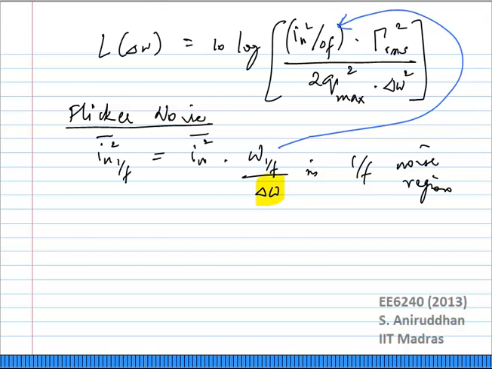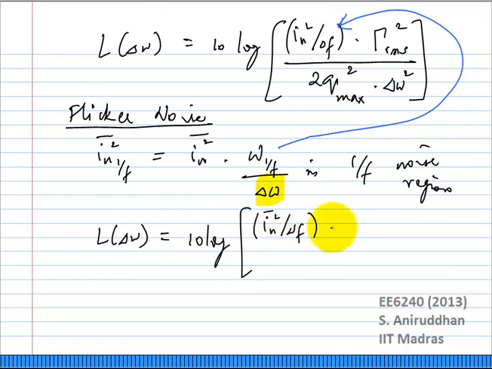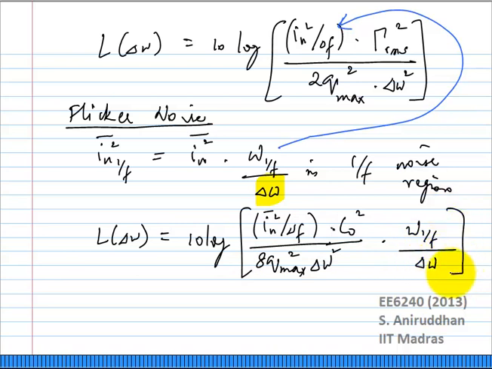And if you actually rewrite this expression for phase noise in the 1 over f cubed region, it's 10 log of Im squared by delta f over 8q max squared delta omega squared times C naught squared times omega 1 over f by delta omega.